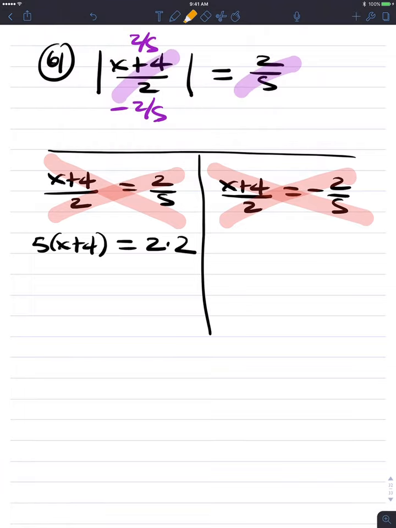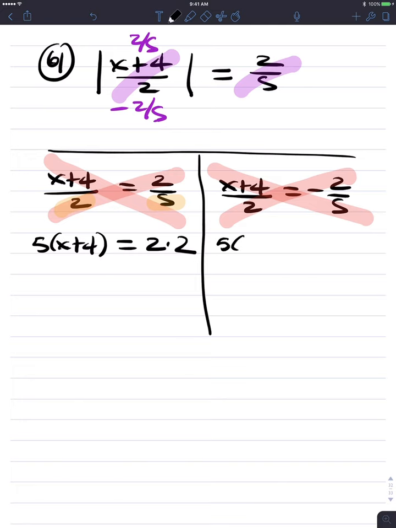We're going to keep this x plus 4 on the left on top, and multiply it by this 5 that's in the denominator of the second fraction. Then we keep the 2 on the right and multiply it by the 2 that's in the denominator here. We're going to do this for both of our proportions.